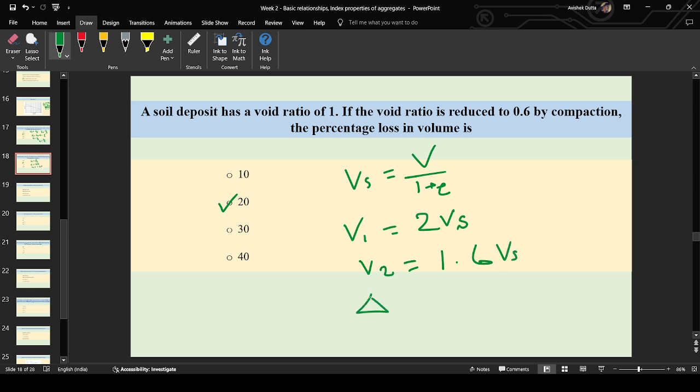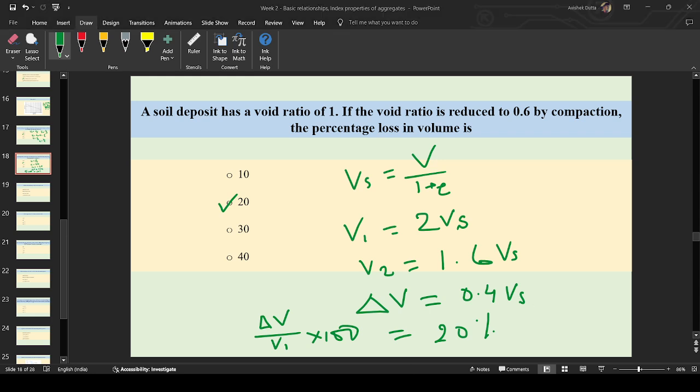So change in V equals 0.4 Vs. So change in V divided by original V into 100 is the percentage loss. So del V divided by V1 into 100. 0.4 by 2 into 100, right? So it is 20%. I hope it is clear.